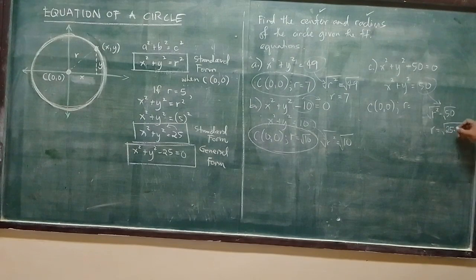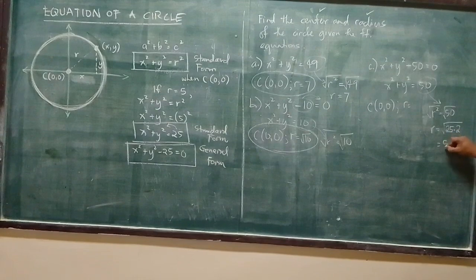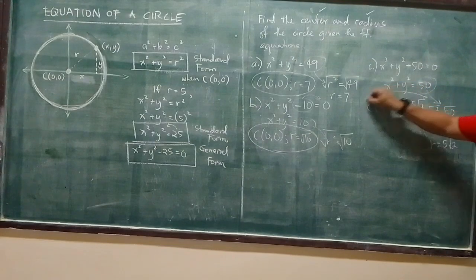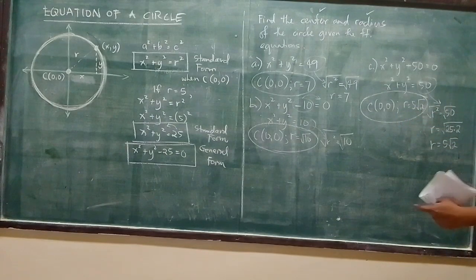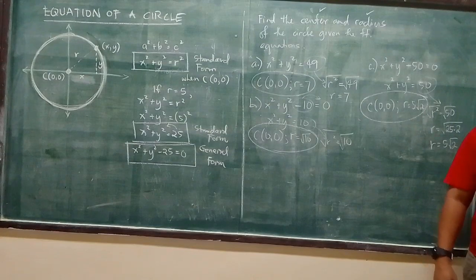Tapos, si 25 ang pwede i-extract into 5, si square root of 2 hindi na. So, your r is equal to 5 times the square root of 2. Center at 0, 0. Radius is 5 times the square root of 2. So, ganun lang siya. Alright?